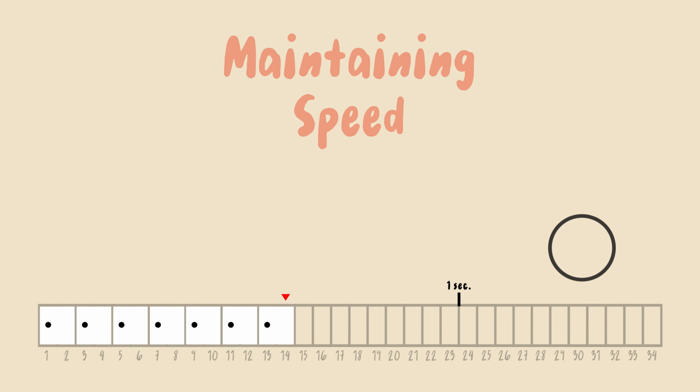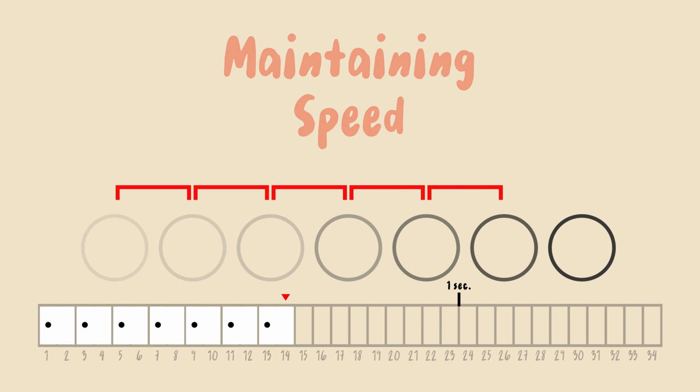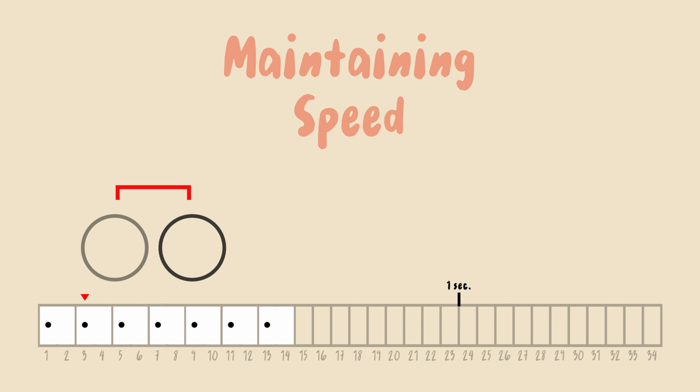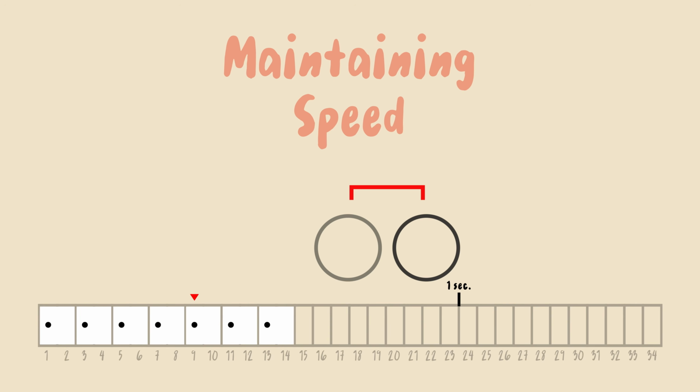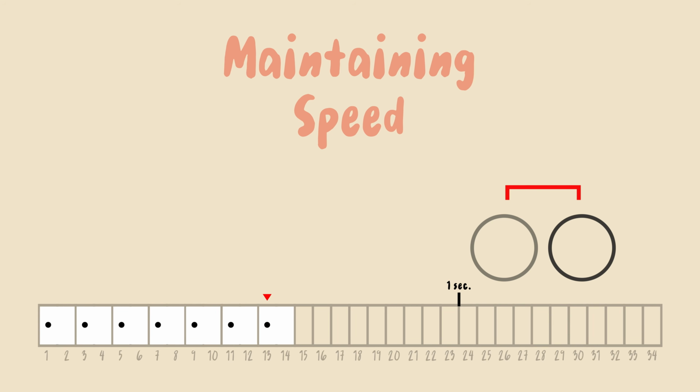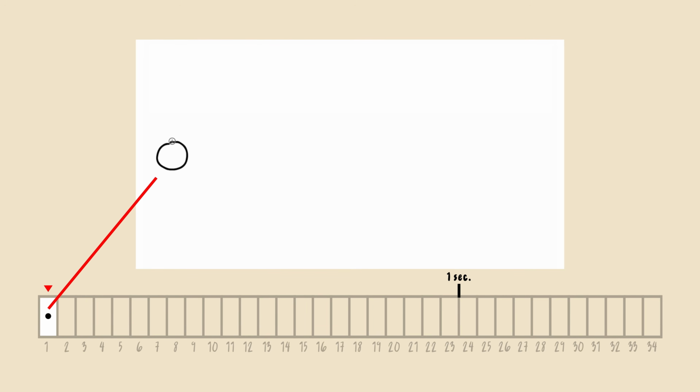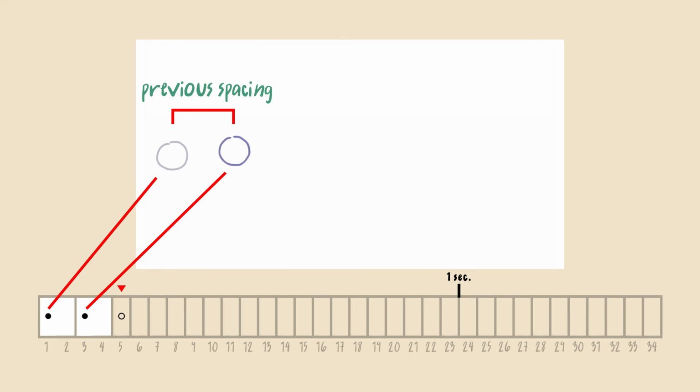To maintain speed, we need the spacing to be the same throughout the animation. So what we can do is use the spacing of the previous frame. So let's try that. This is our first frame. Let's skip a frame and create a new frame. And since we have nothing to base this on, let's just use any spacing. Now let's skip a frame and create a new frame. Now we have something to base the spacing on.